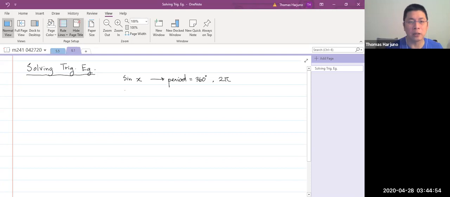Okay. Cosine x also has the same period. Tangent x, however, has the period of 180 degrees, or simply pi.